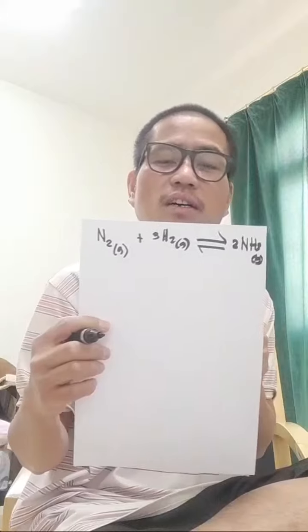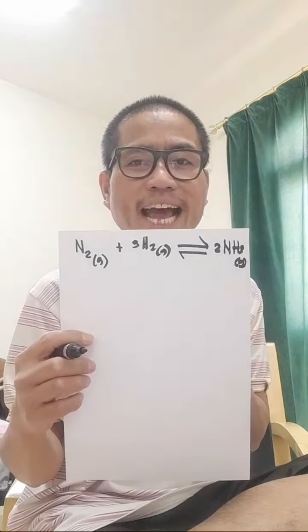So, reversible reaction. Like this: 2 moles of ammonia, still a gas. As you can notice also, guys, if you add all gases, the product will be gases also. There's a technique for that.